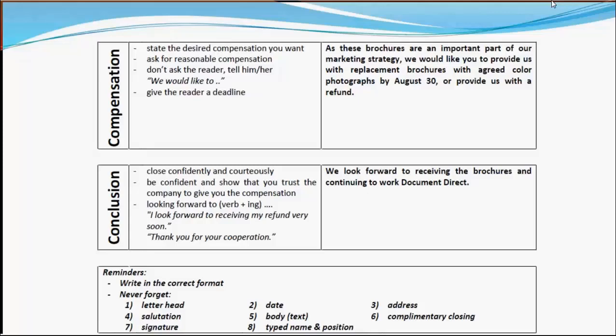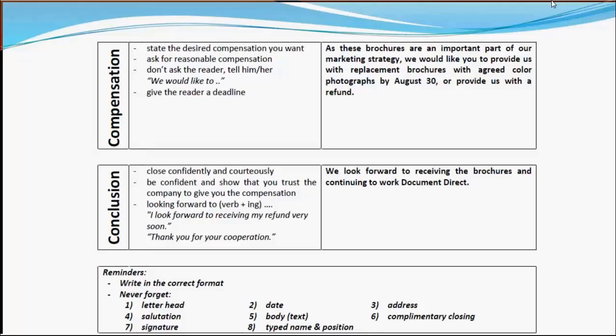You want the brochures by the 30th or a refund, okay? Ask for a reasonable compensation. You are not asking for 4,000 now. You order 3,000, you want 3,000, okay? You are not saying tomorrow, I want them tomorrow. You are giving them some time to finish doing it and send it to you.